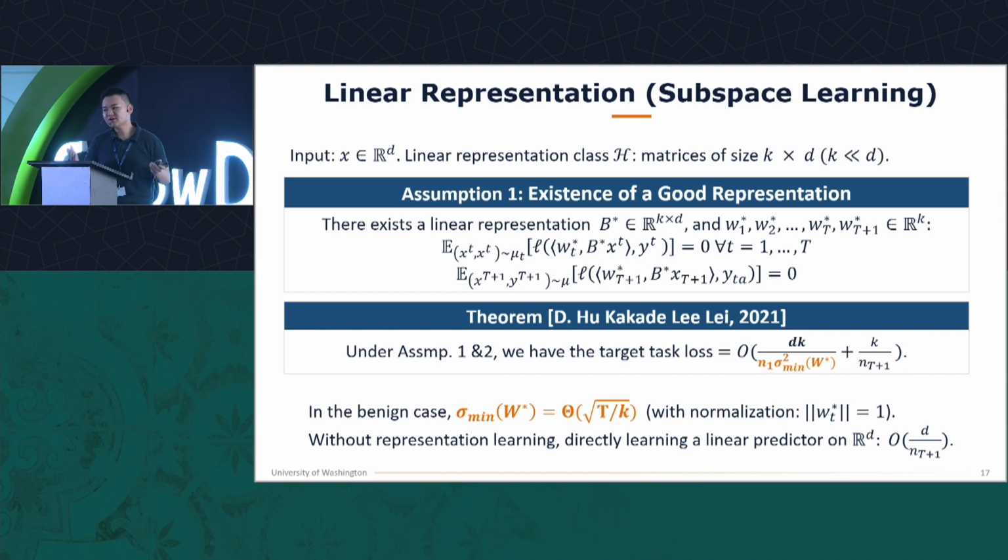So in this case, we show that under these two assumptions, you can actually decrease the error rate by a lot, because for learning representation, your denominator is really the number of data in your source tasks. This is for the simplest representation learning class, a linear class or subspace learning.